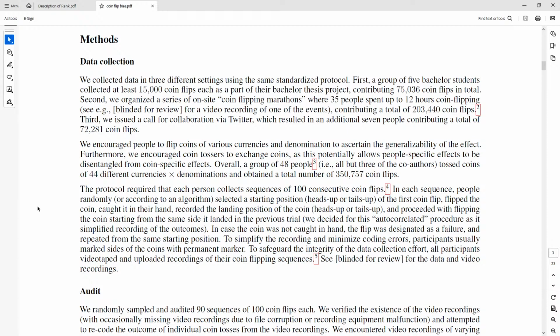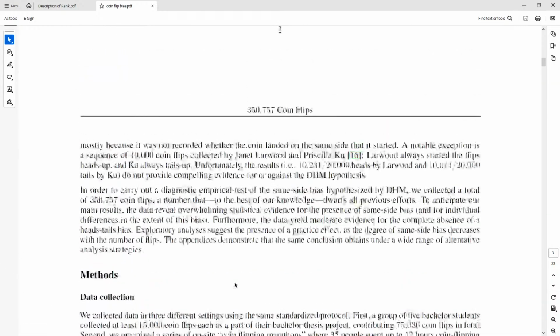And they videotaped it for documentary evidence. So anyway, that's a total of 75,000, and then they talk about other places they got their sample. So the final result, where is it? They have the results somewhere, or maybe it's up in the abstract, here we can see it maybe.